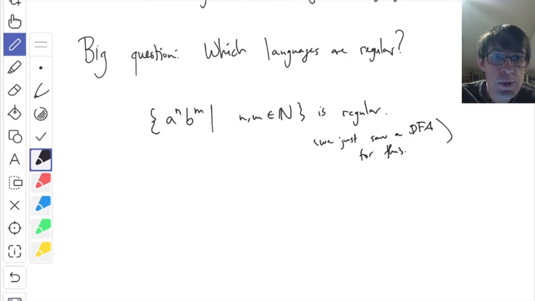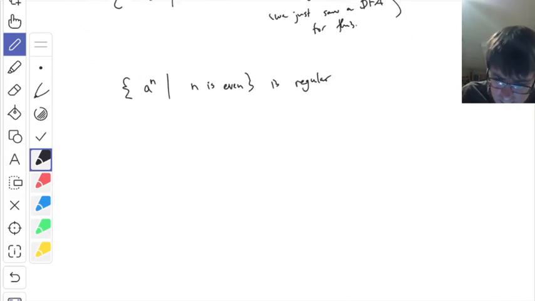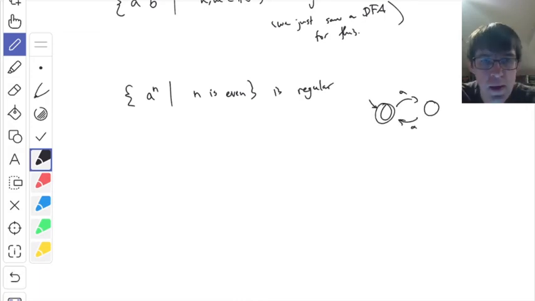What other languages are regular? Well, we've seen several examples of DFAs. For example, the set A to the N, where N is even. This is regular, right? We talked about this DFA, must have been the second day. Remember the language of that machine.